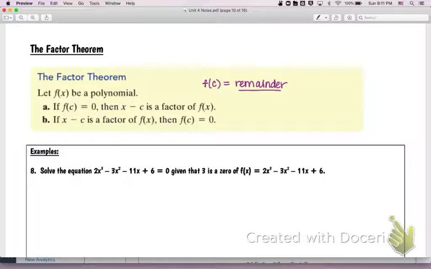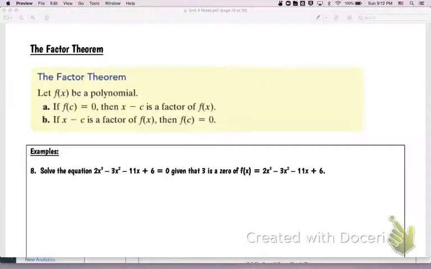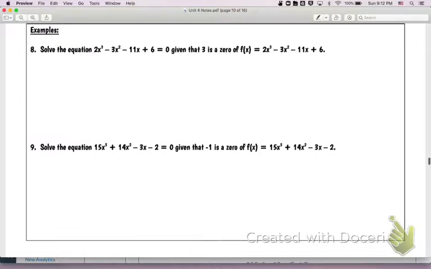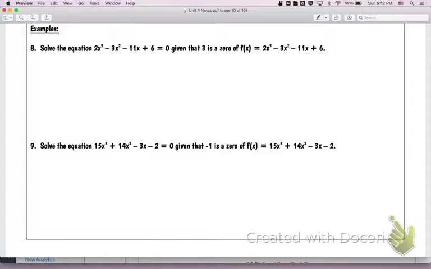So if we look at example 8, it says solve the equation given that 3 is a 0 of f of x. Okay, now, if 3 is a 0, what does that mean? That means that it comes from the factor x minus 3.